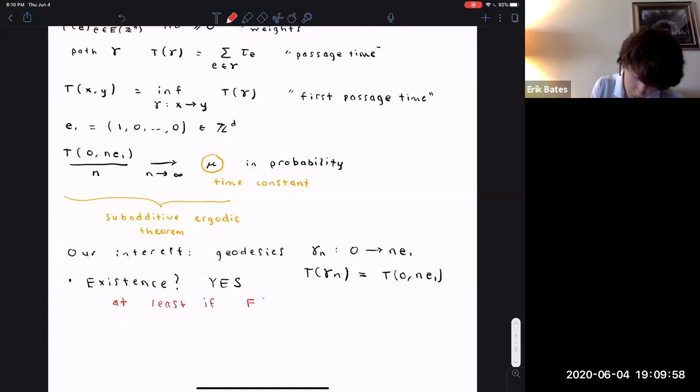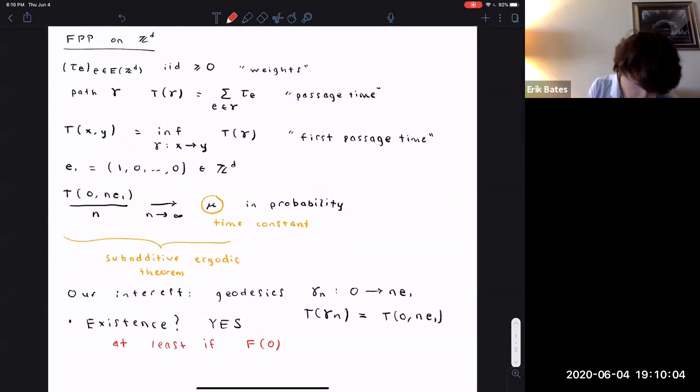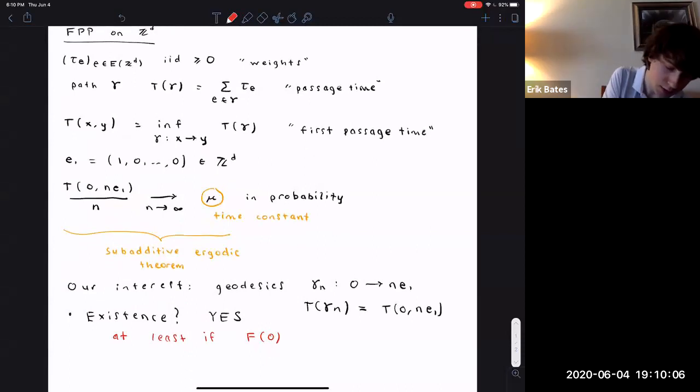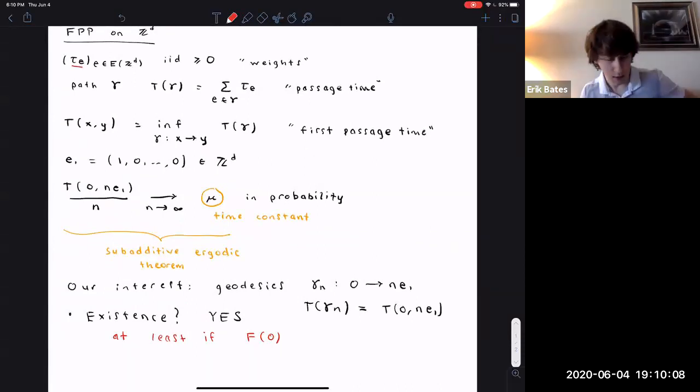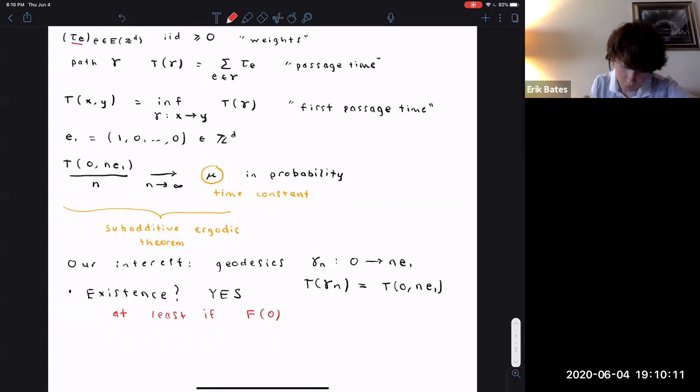F of 0, so here I'm writing F, this is again common notation, but for those of you who are unacquainted, F is the cumulative distribution function for the tau e's. So these tau e's have cumulative distribution function we denote by F, and the minimum value that the tau e's could possibly take is 0. If that has an atom at 0, then we would want that atom not to be a critical one.